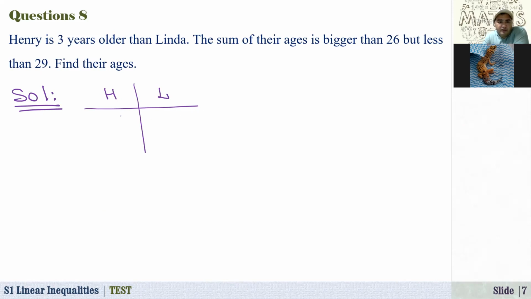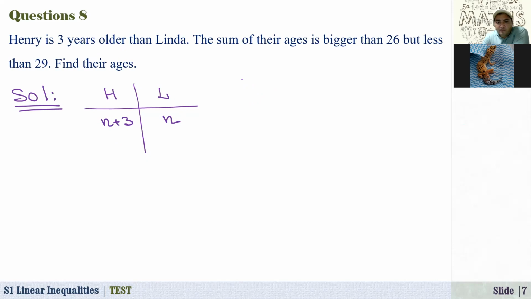What is the age of Henry? We don't know. It says Henry is 3 years older than Linda, so let's say Linda's age is n. Then Henry's age will be n plus 3, right? And the sum of their ages is bigger than 26, but less than 29.